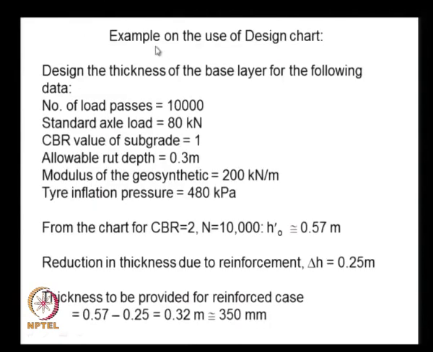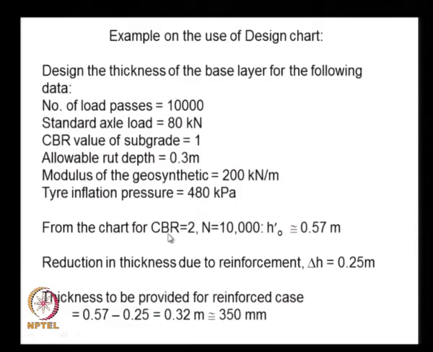And now let us look at one small design example. Let us say that the number of load repetitions is 10,000 and the standard axial load is 80 kilonewtons, the CBR value of the subgrade is 1, the allowable rut depth is 0.3 meters, the modulus of the geosynthetic is 200 kilonewtons per meter, and the tire inflation pressure is 480 kPa.